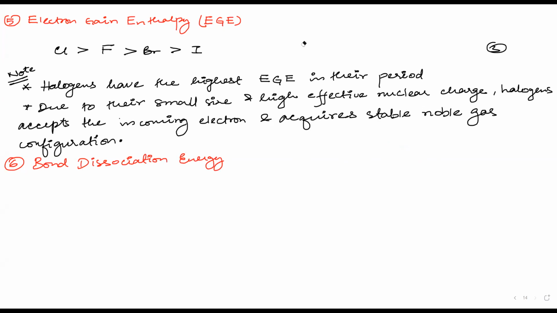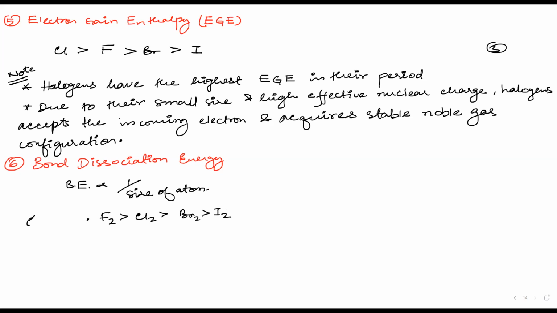We write that bond dissociation energy decreases from top to bottom. It is inversely proportional to the size of the atom. So what is the order? The order will be F2, Cl2, Br2, I2.